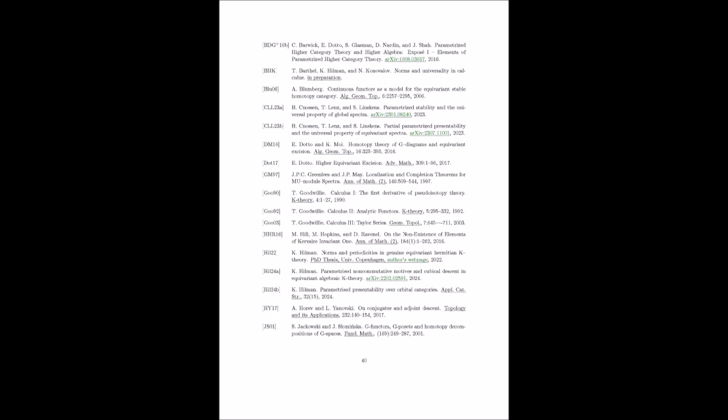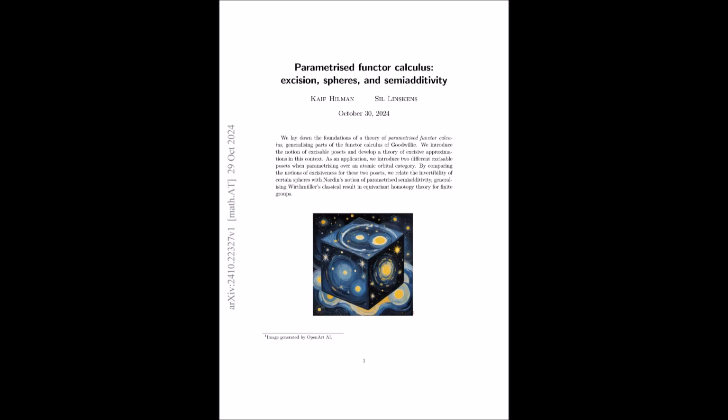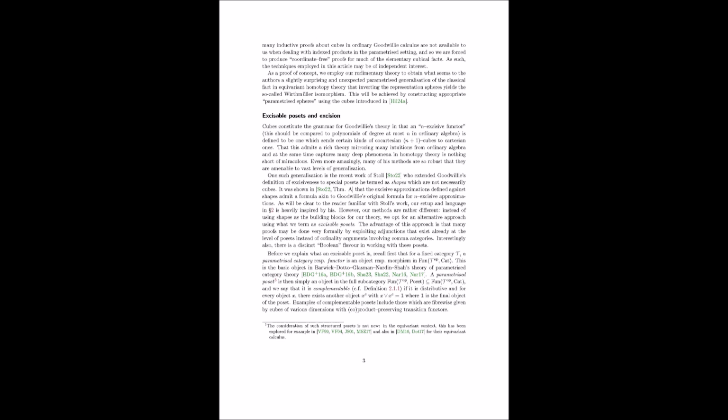So how does this all circle back to Wirth-Miller's theorem? What Hilman and Linskens are essentially doing is giving us a new proof of a generalized version of Wirth-Miller's theorem, but without relying on the geometric arguments of the traditional proof. They show that in a suitable parameterized setting, if a category is what they call spherically invertible, which means that the suspension functors associated with these parameterized spheres are equivalences, then the category is parameterized stable.